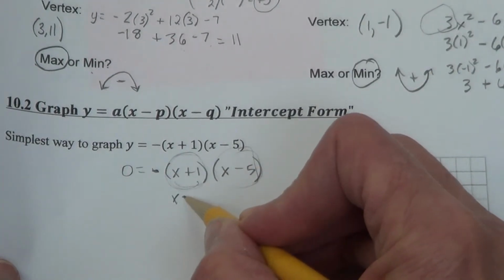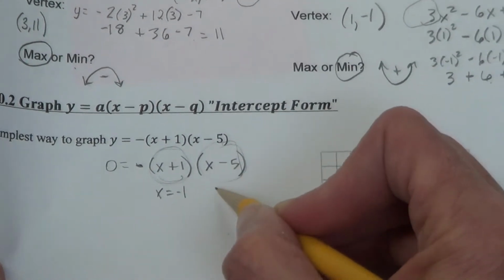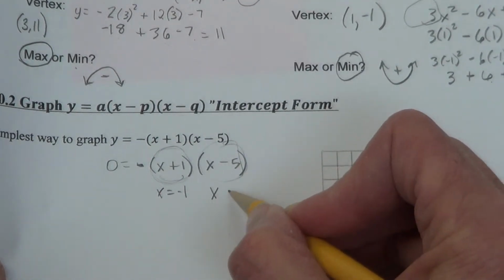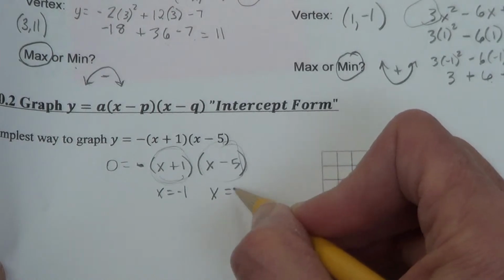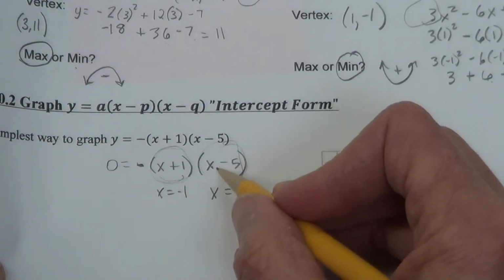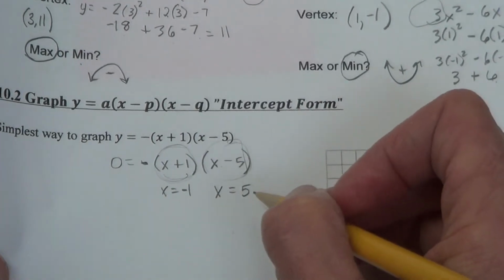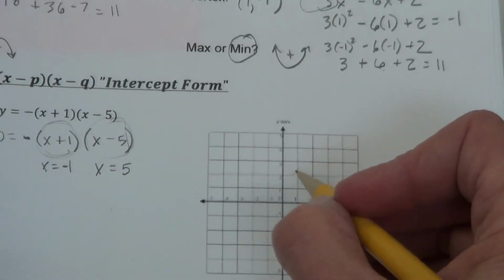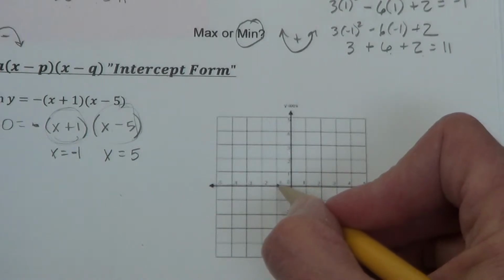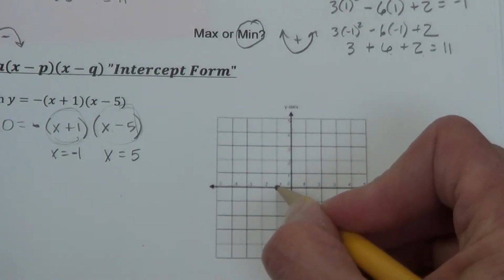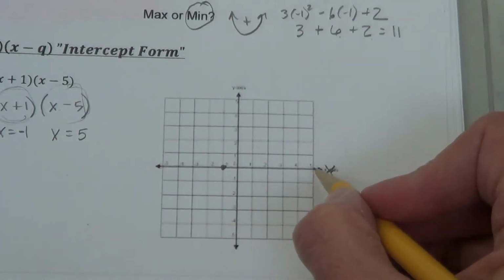When x is at -1, it's 0, and when x is at +5, it's 0, because that's what number would make that be 0. So that really is telling you that your x-intercepts are at -1 and +5.